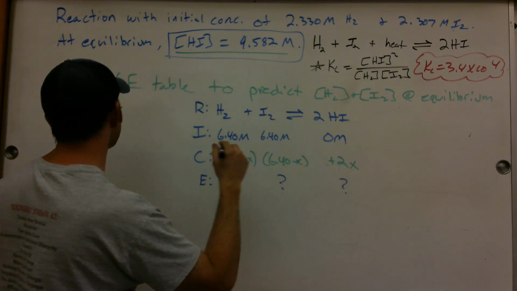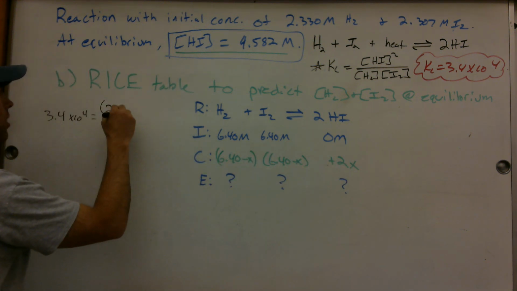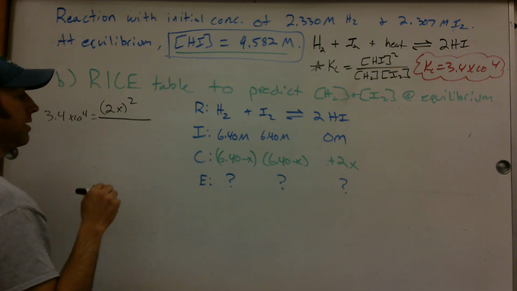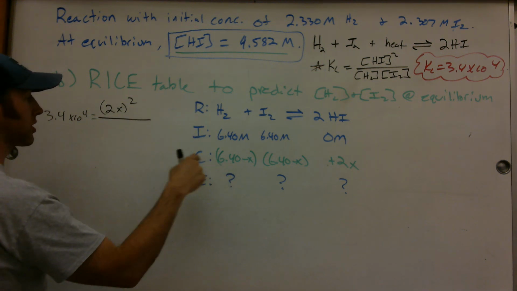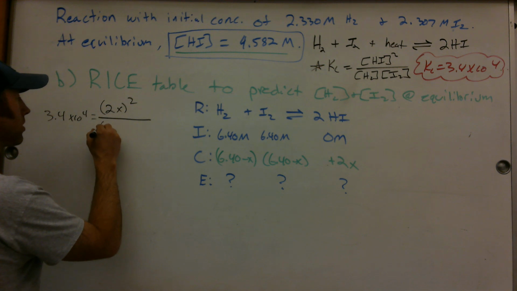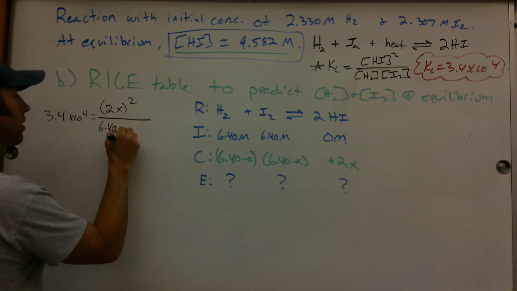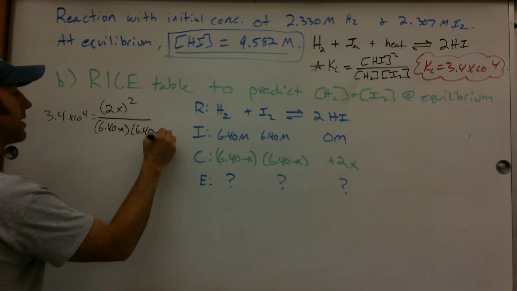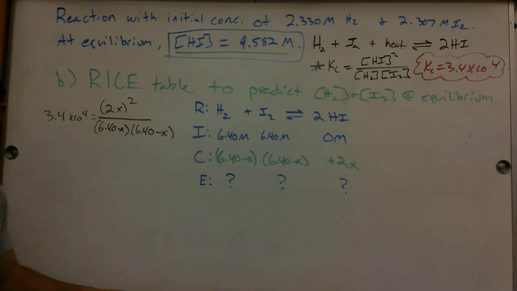You just solve for x. I'm going to say 2x, and that value needs to be squared in this expression, divided by 6.40 minus x times 6.40 minus x. Okay, so there's my equilibrium expression with as much information as I know.